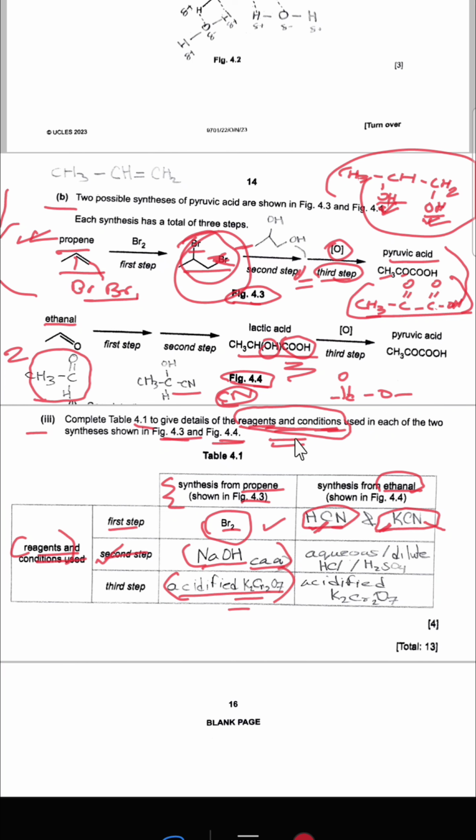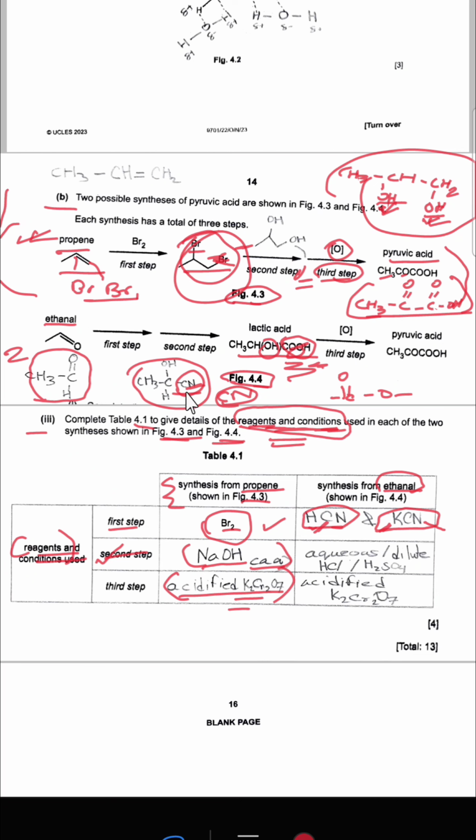Then in the second step, we can see that this CN product reacts with which substance to form this product, containing one OH group that is already given, and CN is converted to COOH group. As CN is converted to COOH group, that means it must be an acidic hydrolysis.